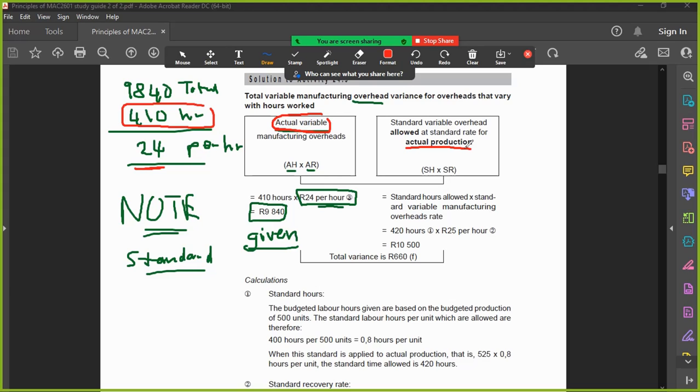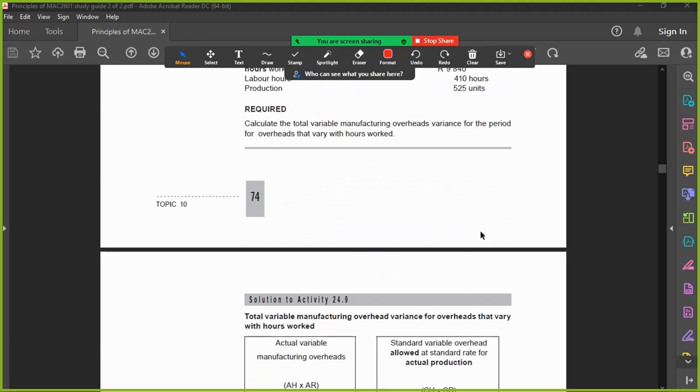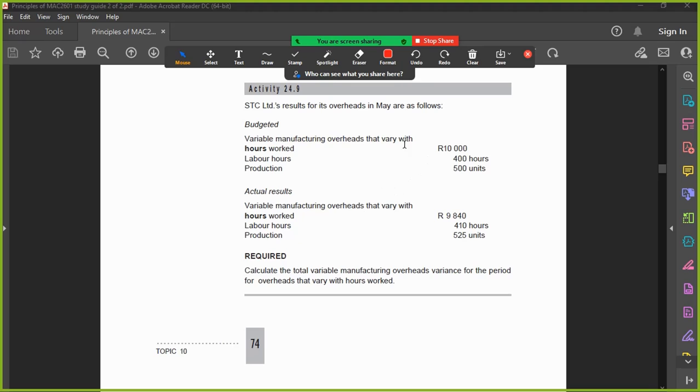Standard number of hours means, in a budgeted situation, how many hours would I require in order to produce a particular amount of products? Does that make sense? Okay, can I erase this? Are you happy with that so far? Okay, I'm going to go back to the main question just to show you the budget here.